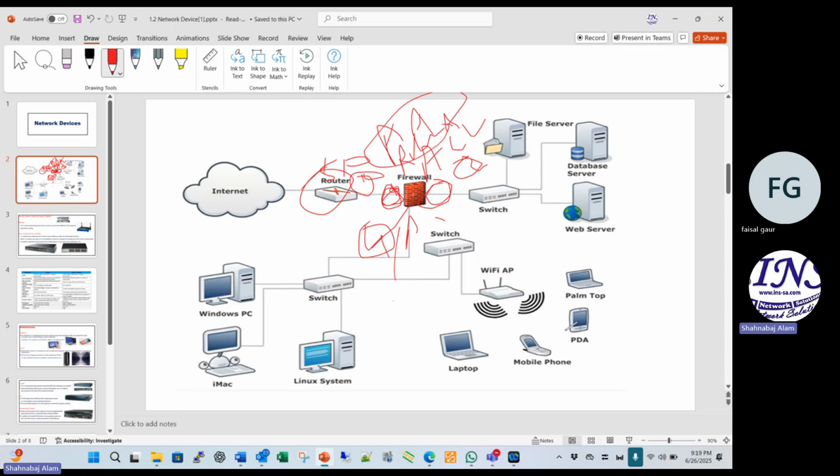After this outbound network and inbound network, we can study the switch. Suppose this is our core switch, as per the example I give you, and after the firewall it comes to our core switch. After the core switch it connects to our file server, our data server, our web server.